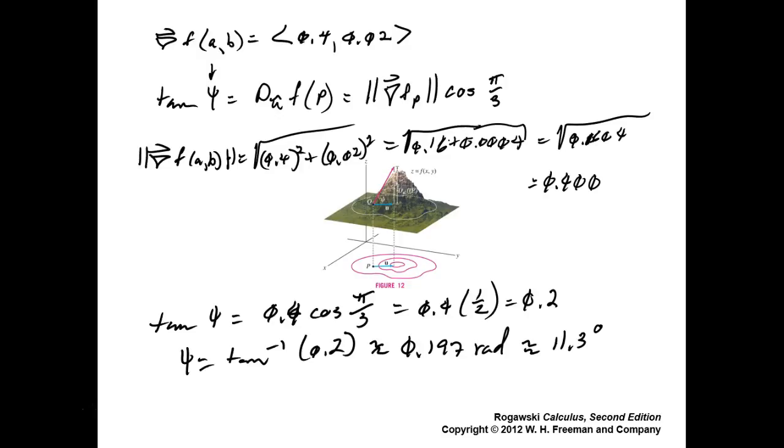They didn't say in degrees, so it just said, you're standing on the side of a mountain in the shape blah, blah, blah, at a point blah, blah, blah. Find the angle of inclination in a direction making an angle of theta equal pi thirds with the gradient. So that's what you were looking for, and you could put it either in radians or in degrees. They just showed you both. All right.